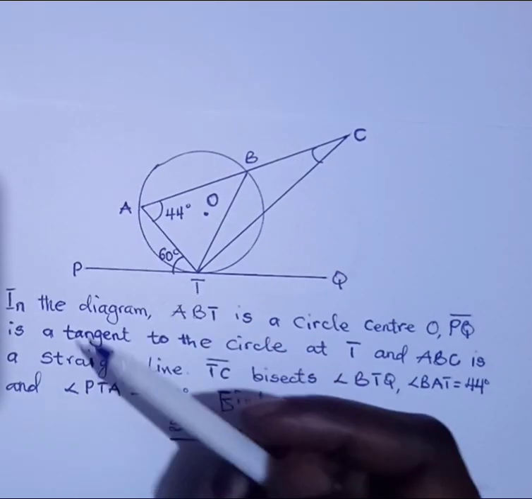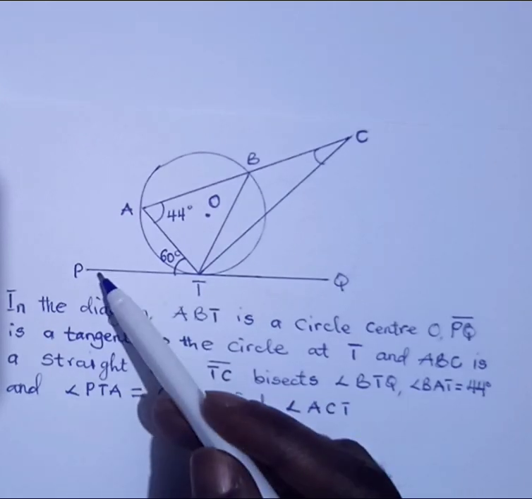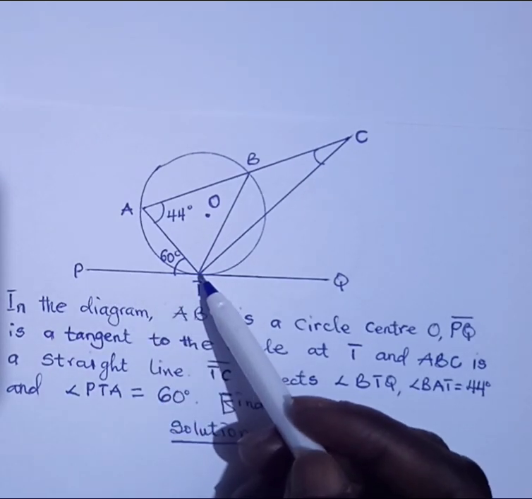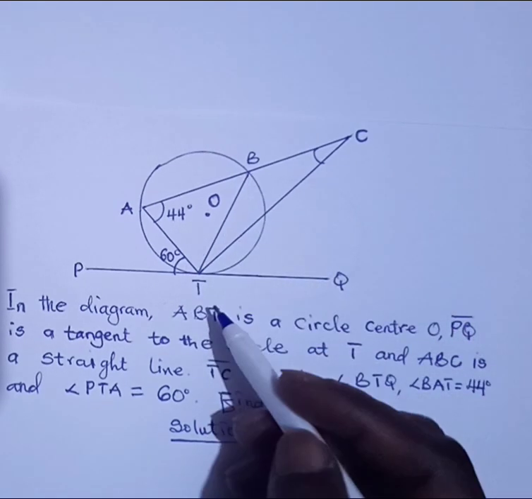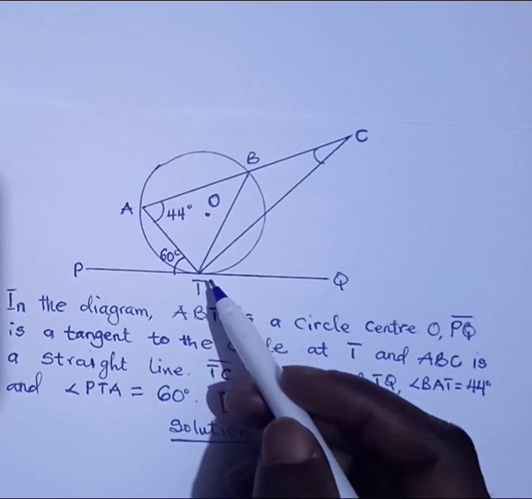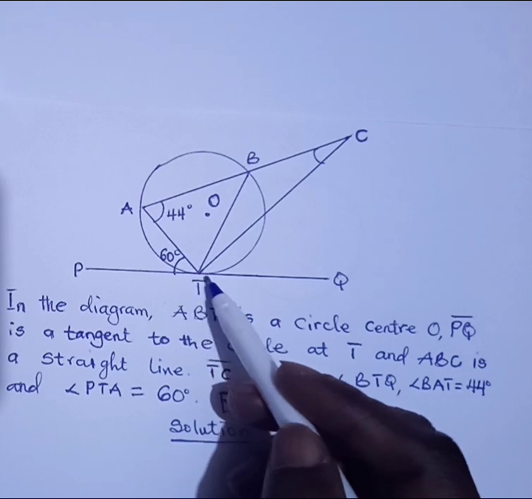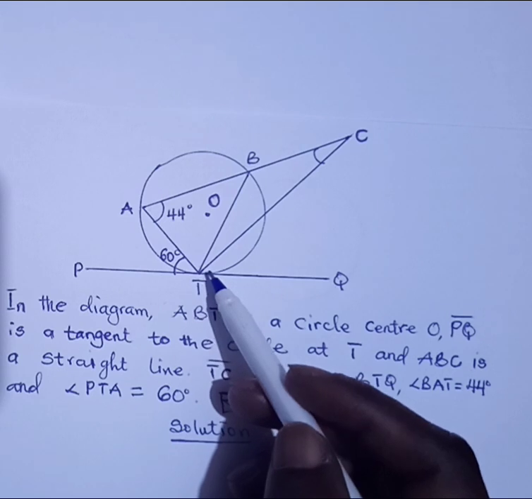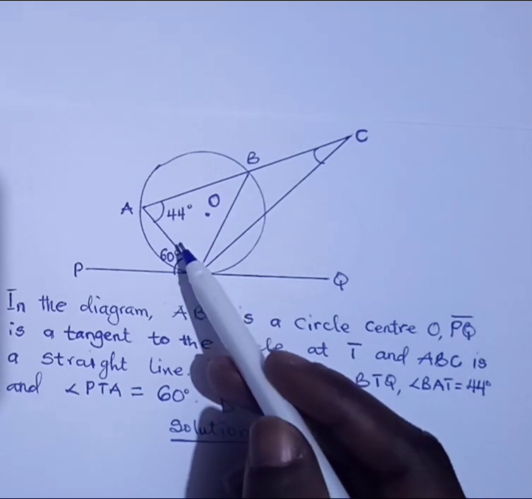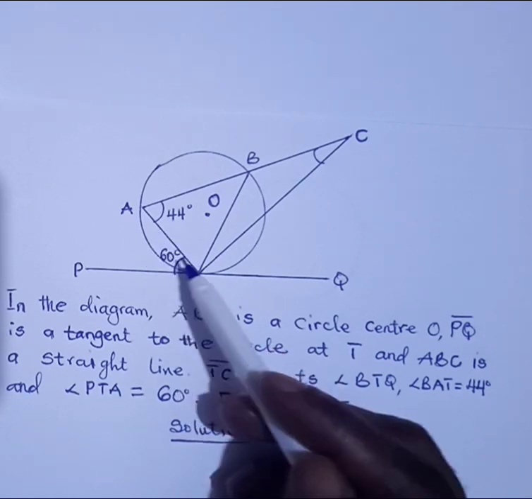And for circle geometry, looking at this property, whenever we have a tangent line to a circle at a point, if we have a chord, then the angle formed between that chord and the tangent at the end of that chord is equal to the angle in the alternate segment. That's what we are saying.